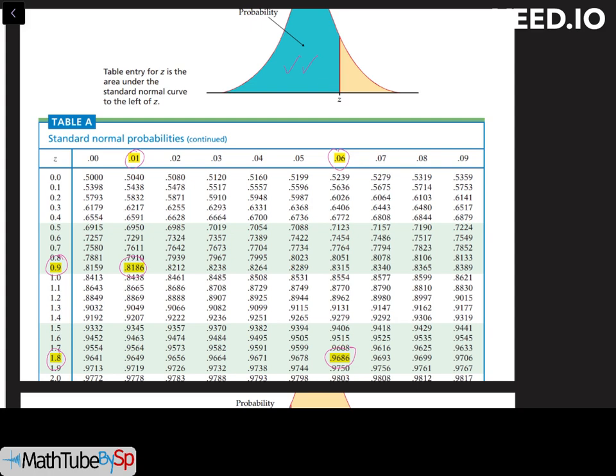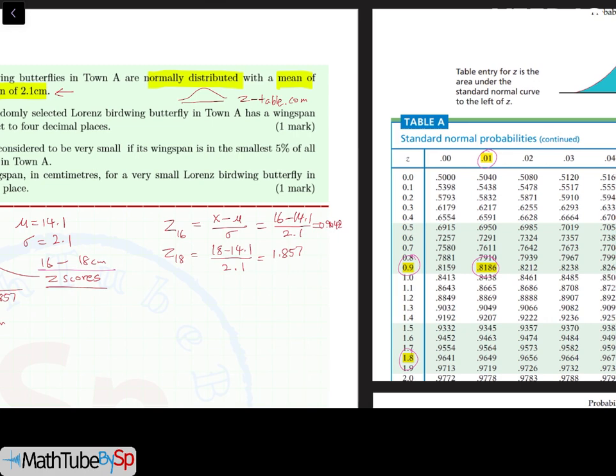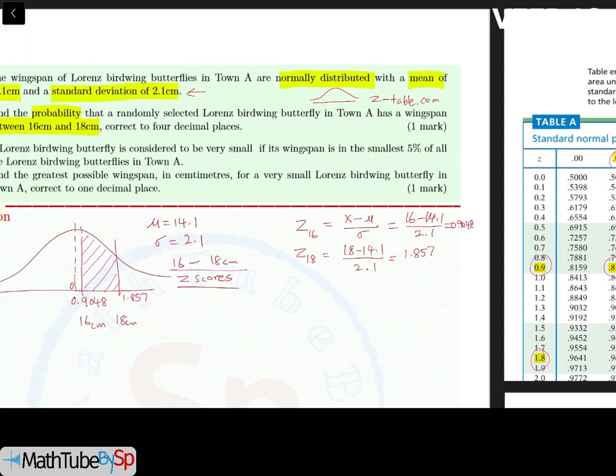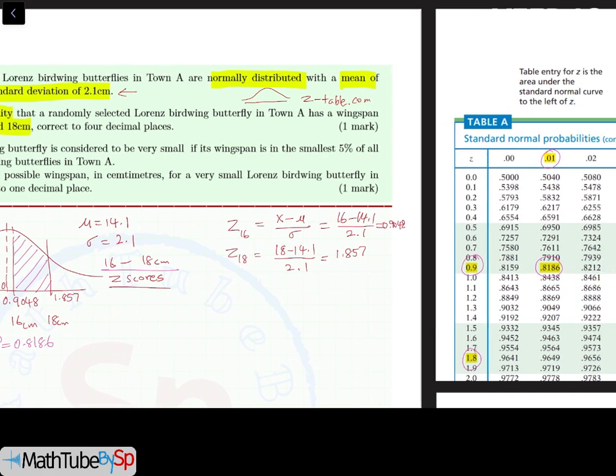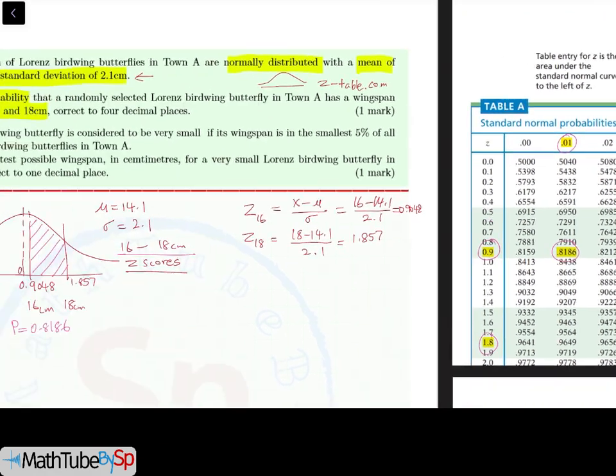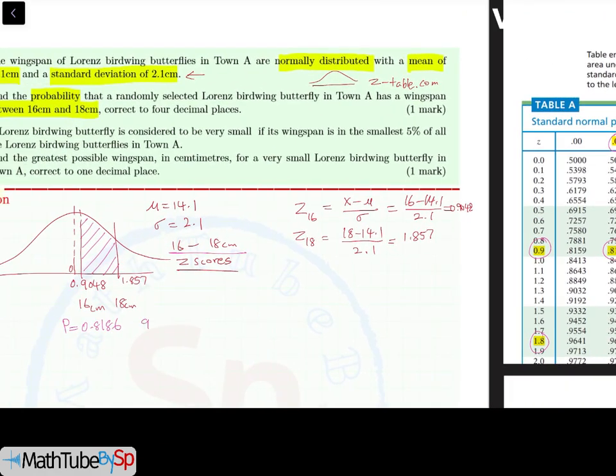Take away 0.8186, correct? So let's go back and write down the area. The probability is 0.8186 from here, and for the 18 centimeters I have 0.9686.